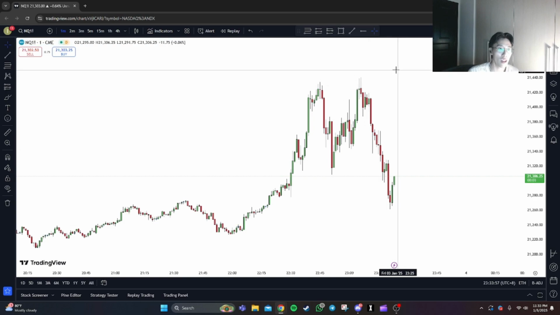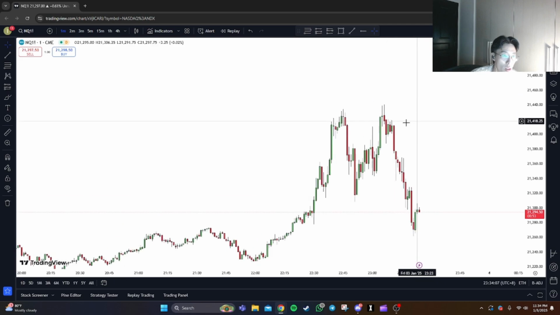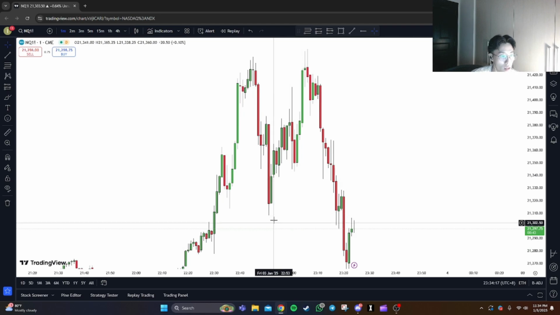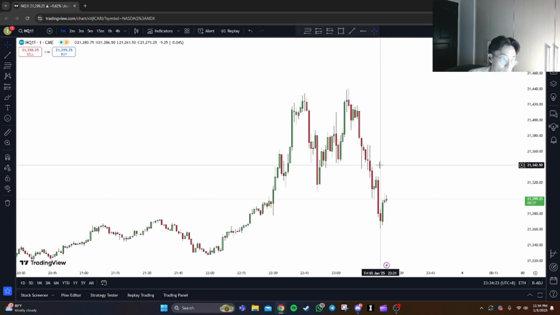Liquidity points in the most basic terms are swing highs or swing lows. Okay, so if you go back to yesterday's video, I was talking about what swing highs and swing lows are. So example, this is a swing high because the two wicks next to it are lower than it. So the middle wick is the swing high, and swing low is like this one. Okay, so go watch the previous video. But basically, in short, liquidity is swing highs and swing lows.